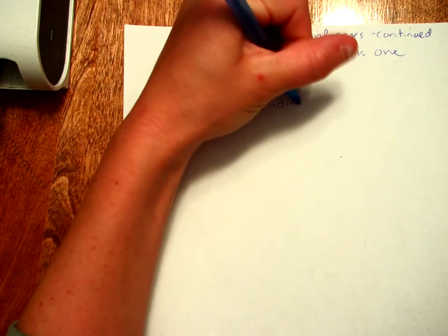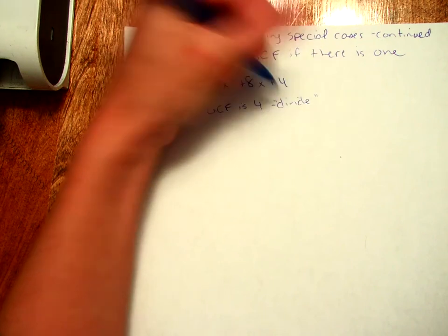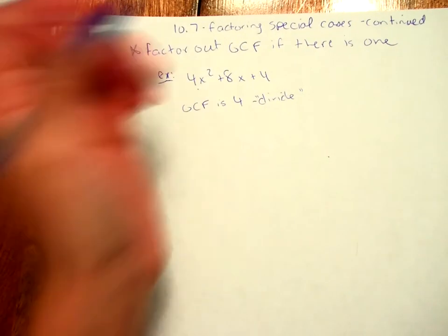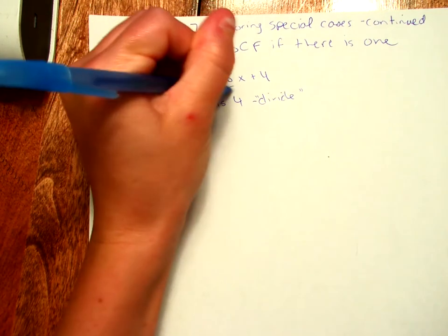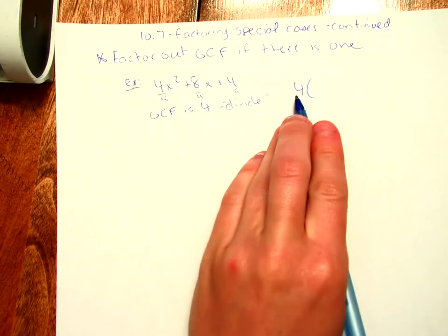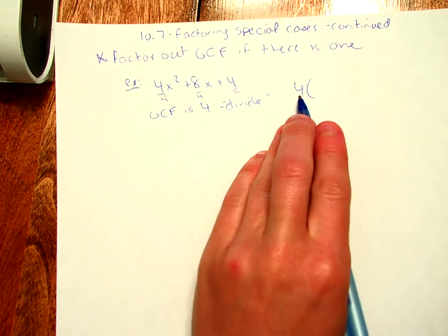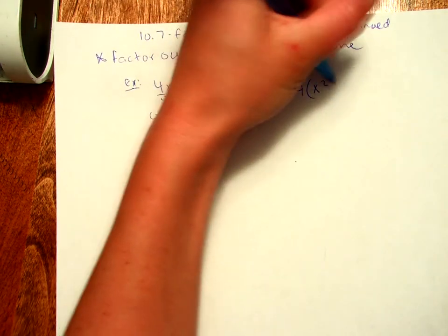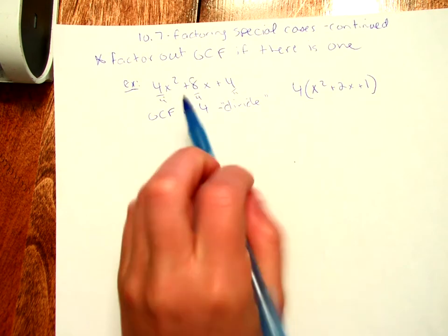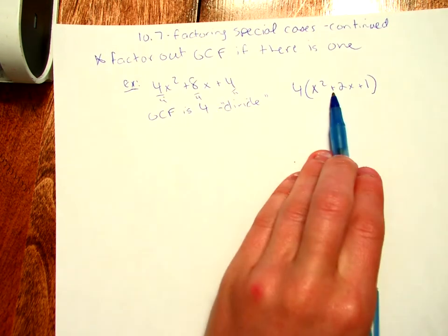And remember, when you're factoring, that basically just means you're dividing. So you're saying divide by 4, divide by 4, divide by 4. The 4 has to stay out. That has to be there for your final answer. And then you're left with x squared plus 2x plus 1, once you take the 4 out of all of those terms.